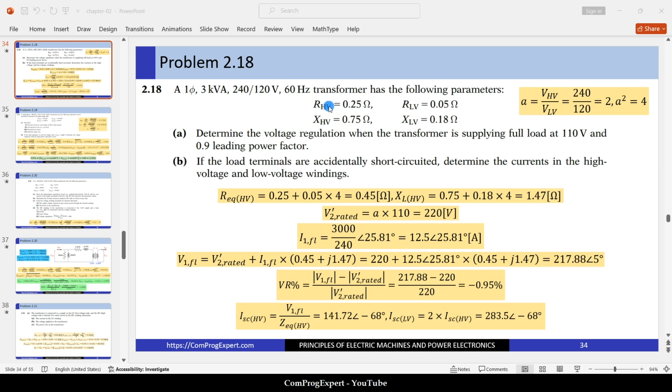The resistance of the high voltage winding is 0.25 ohm. Resistance of the low voltage winding, the secondary side, is 0.05 ohm. The leakage reactance of the high voltage winding is 0.75 ohm, and this is the leakage inductance of the low voltage winding.